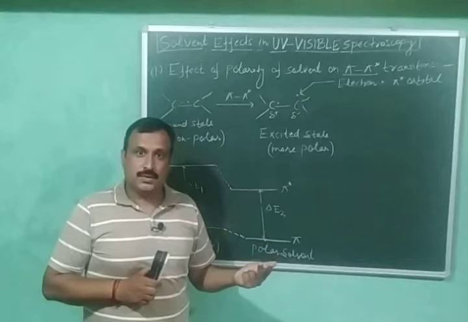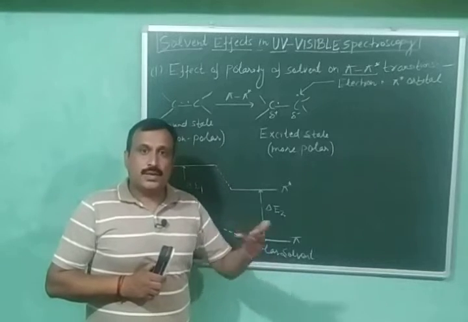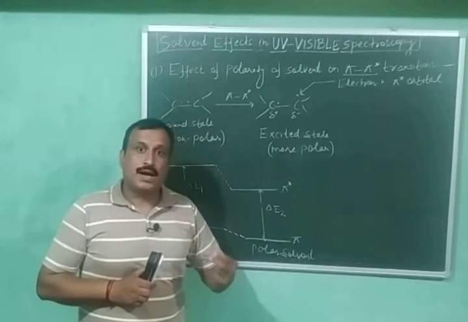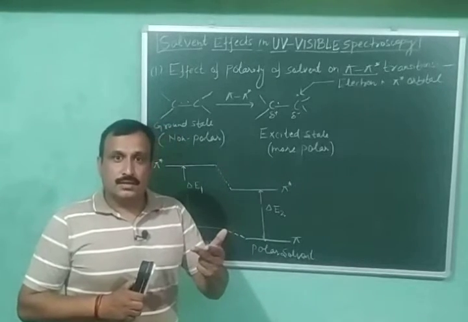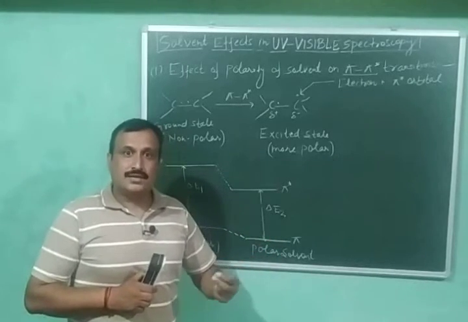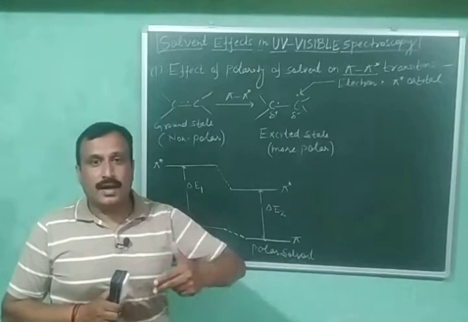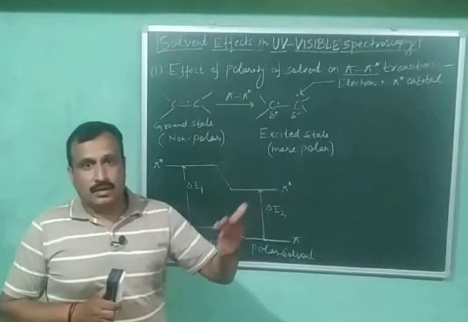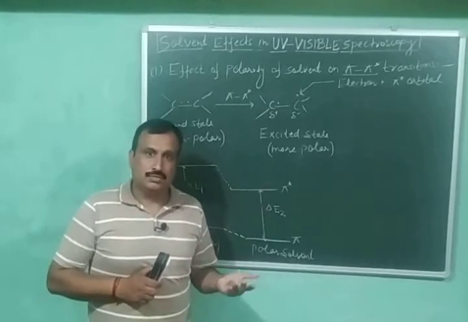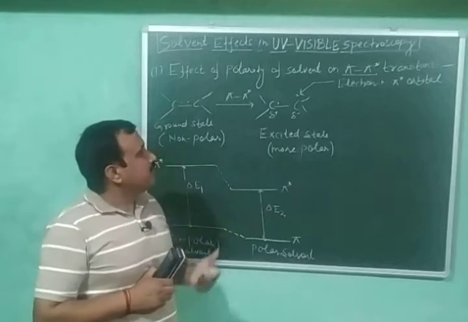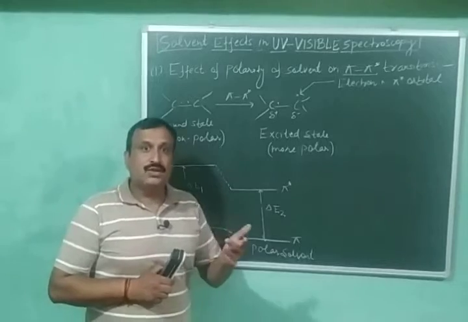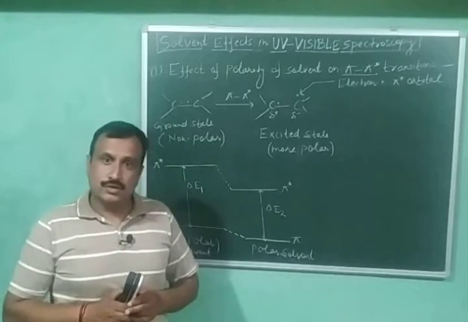We can also explain it this way: after the excitation of the electron from the pi bonding molecular orbital, it will have less electron density, so a slight positive charge will be developed, and the anti-bonding molecular orbital is having an electron after excitation, so a slight negative charge will be developed. In this way the excited state is more polar as compared to the ground state, and this will help us in explaining the effect of a solvent.